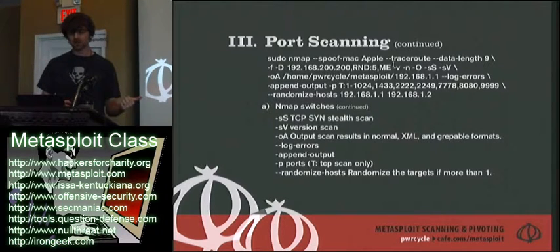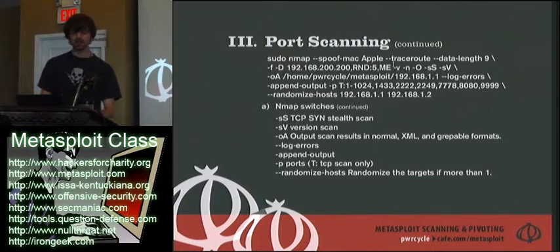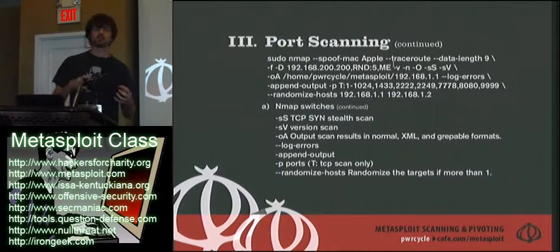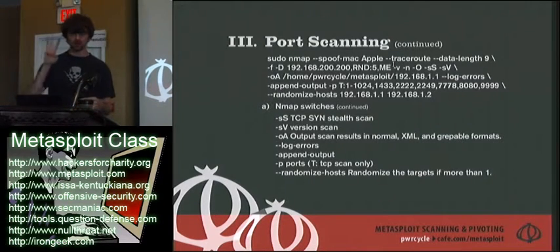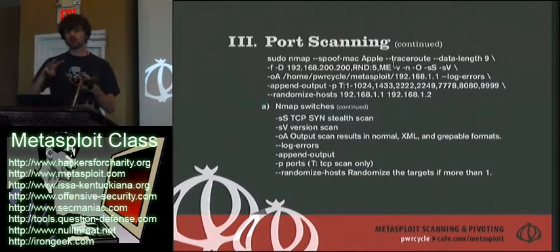The next one, -oA. This is the difference between Metasploit and Nmap. -o tells it I want the output, and the A says I want all of the output. There are three files that Nmap will create. One is a .nmap, one is .gnmap, and one is .xml.